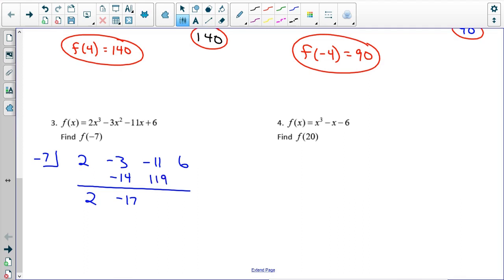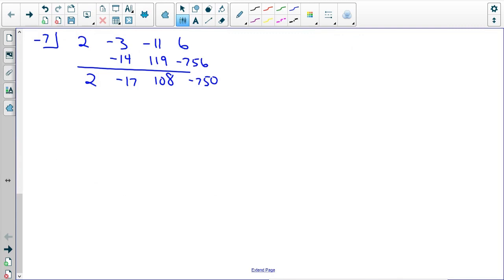So that's 119. 108. 108 times 7 gives me 756. So that's negative 756. And then I add these together and I get negative 750. So as a result, I know that f of negative 7 equals negative 750.